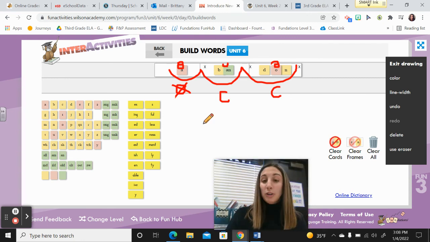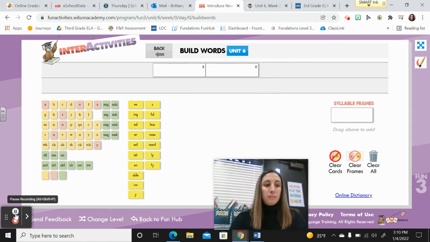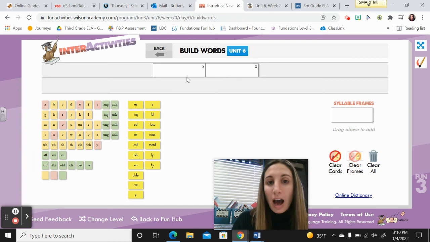We'll practice a few more words before we move on to dictation composition book. Before we do that, we're going to practice building 3 other words that have that open syllable exception. The first word I want to practice is the word adapt. Say it. Adapt. 2 syllables.